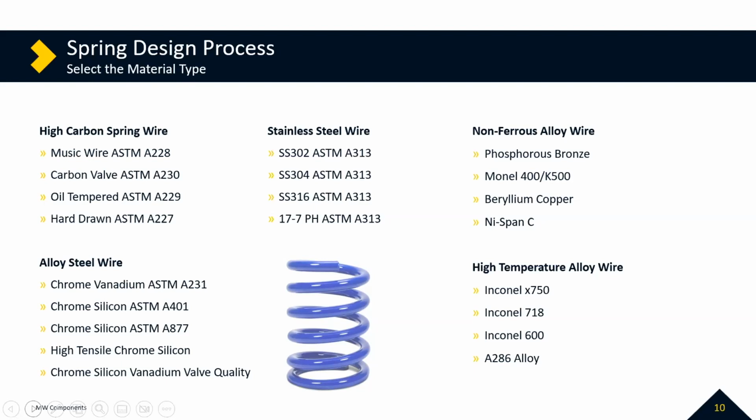The chrome vanadiums have a much higher tensile than your chrome silicons. And for the high temperature alloys, the most common ones are your X750s. We see a lot being made from spring wire. Again, their advantages are that they are high in tensile, they definitely offer great corrosion resistance, and they definitely have use in higher temperatures.